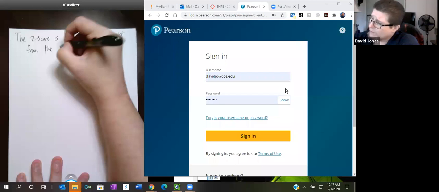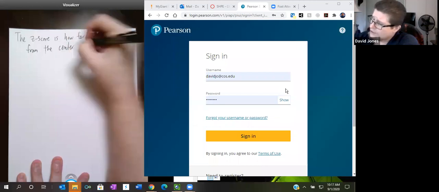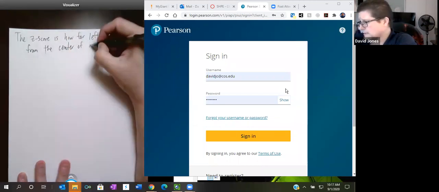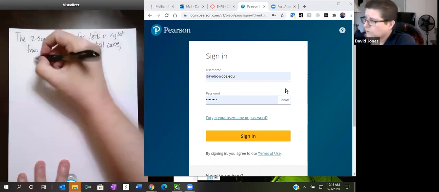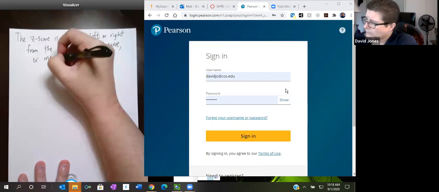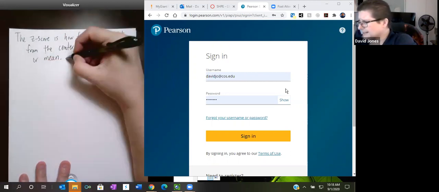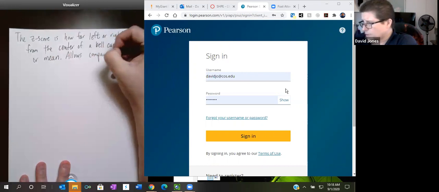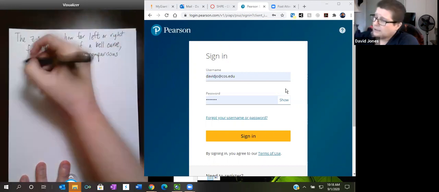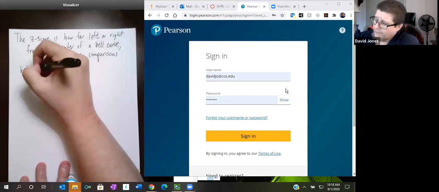From the center of a bell curve, the center is usually the mean. And again, this allows comparisons between groups with different means.